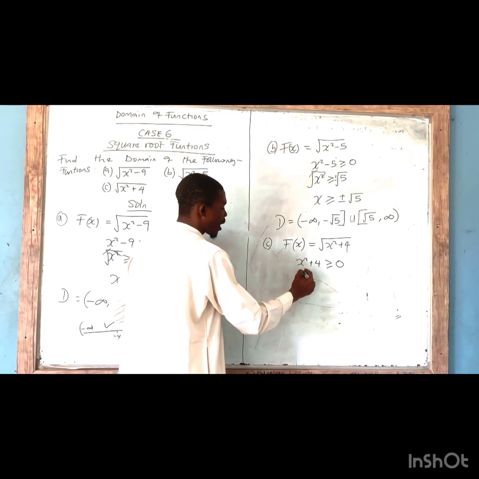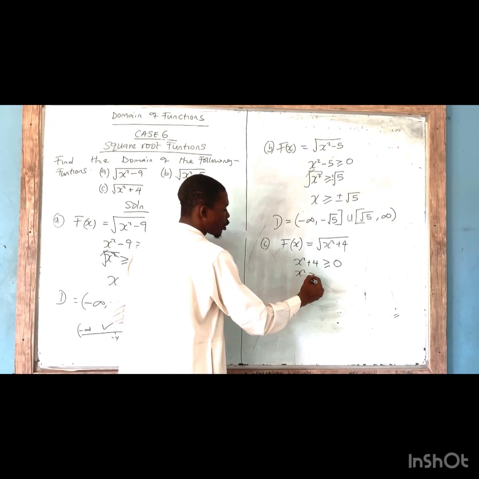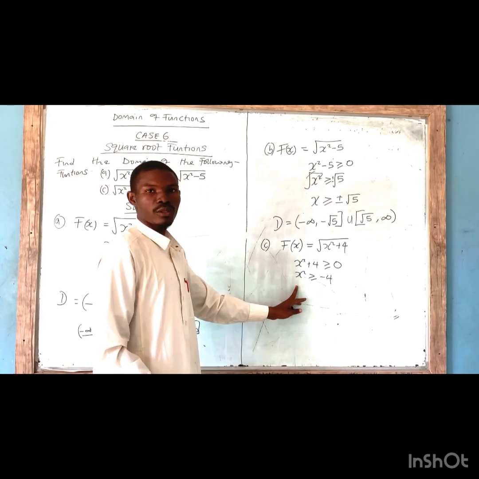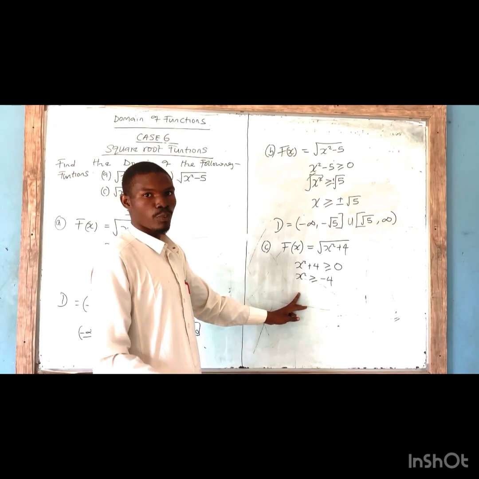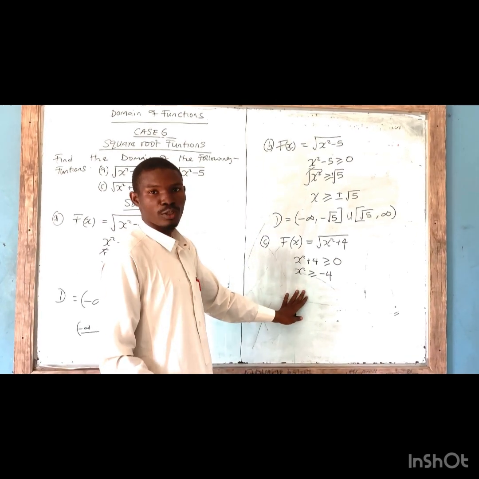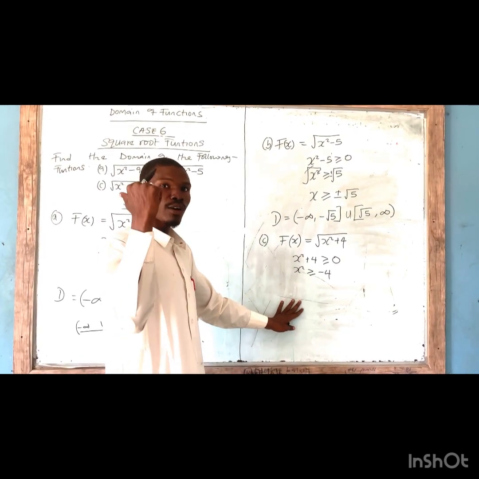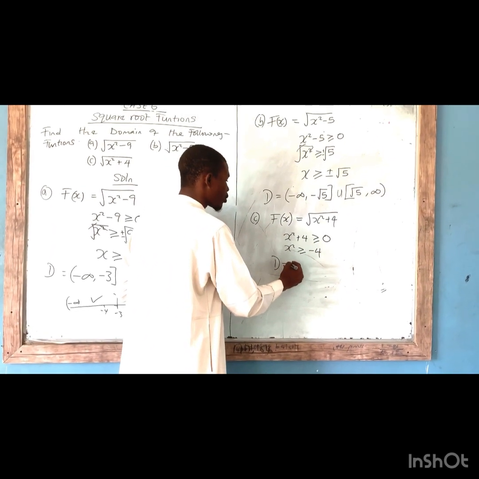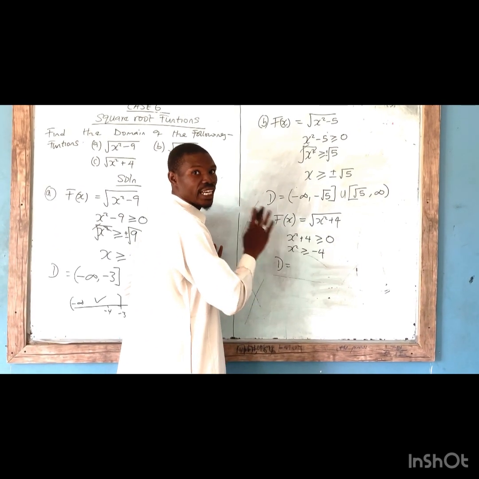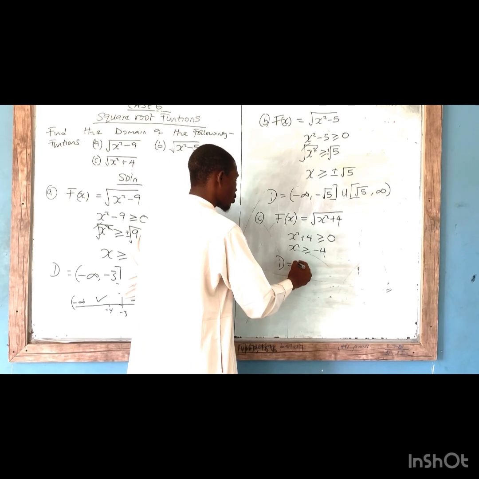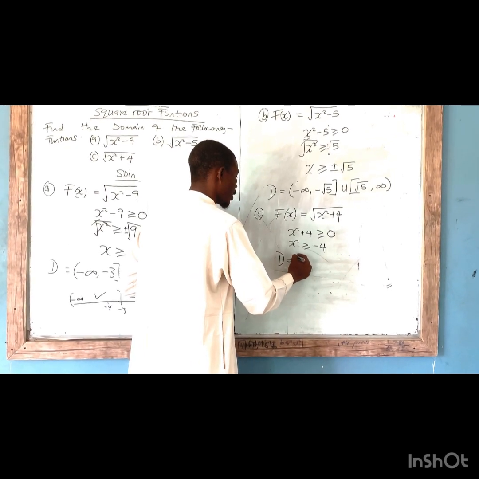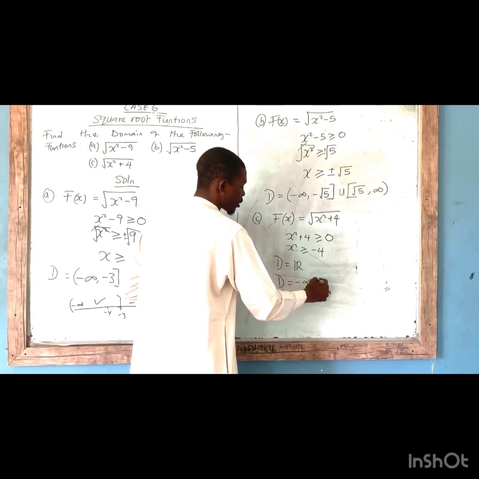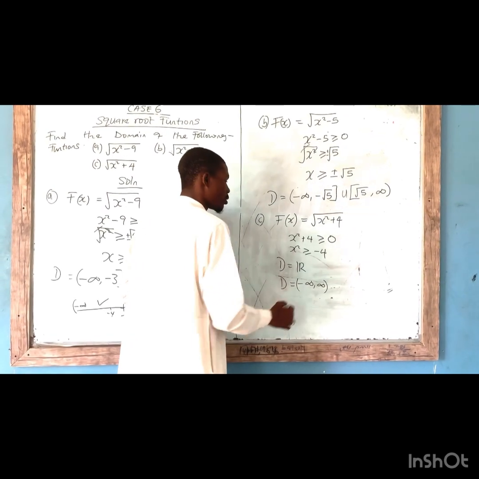So x squared must be greater than or equal to minus 4. Now, can we take the square root of a negative number? It's not possible. Since we cannot take the square root of a negative number, remember our rule, we just leave it like that and say our domain is equal to all real numbers, or minus infinity to infinity.